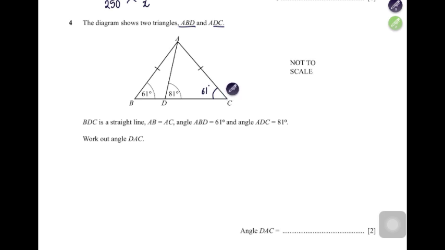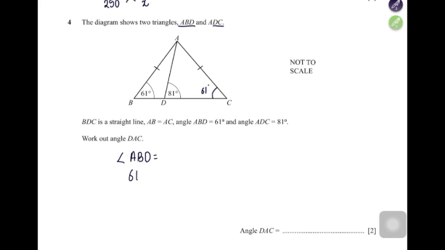Now, angle ABD is 61 as mentioned here, and angle ADC is 81. Work out angle DAC. So this is going to be simple. We can say angle ABD is 61. Now angle ACD is also 61. So we need to find angle DAC equals 180 minus 81 plus 61.